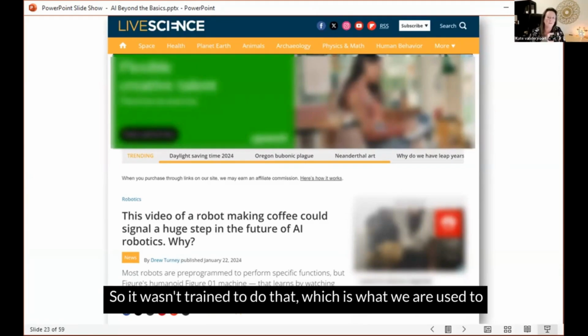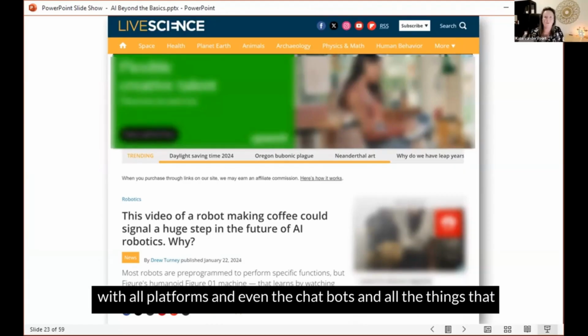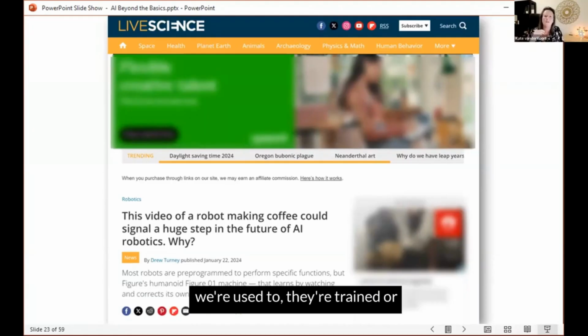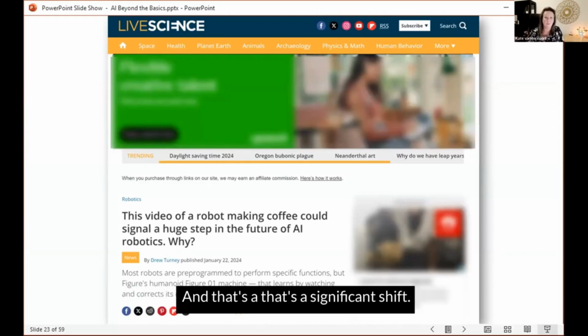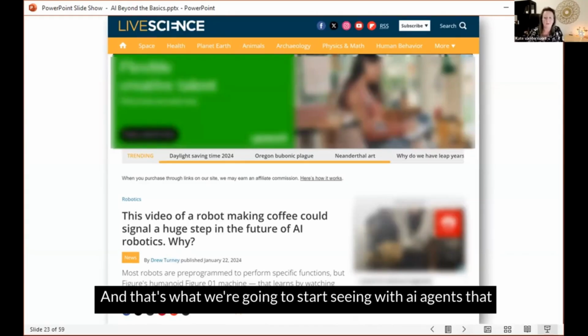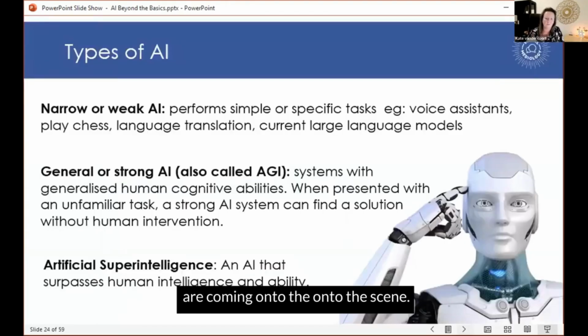So it wasn't trained to do that, which is what we're used to with all of the platforms and even the chat bots and all the things that we're used to. They're trained or programmed to do what they do. But now the AI is learning what to do and replicating it without being programmed. And that's a significant shift. And that's what we're going to start seeing with AI agents that are coming onto the scene.